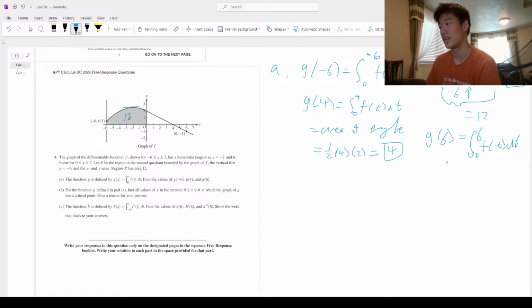Now you're just adding this part here, and this part here has an area of 1.